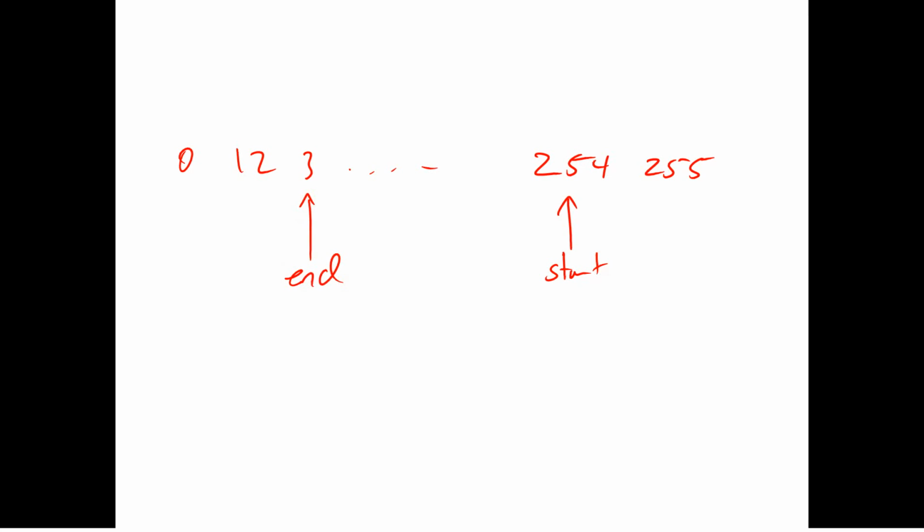Your time is not the time directly between them, but the time from here to here and from here to here. So you just have to add up those two segments to give you the time delay.